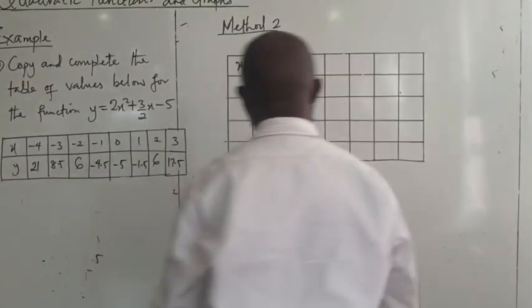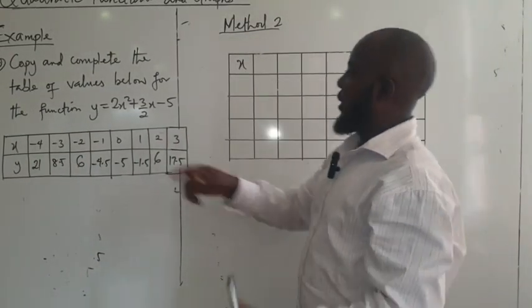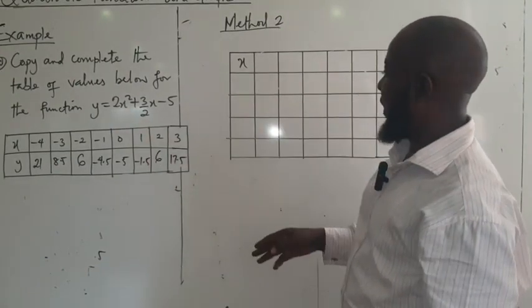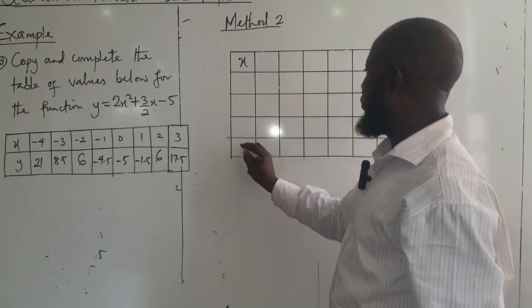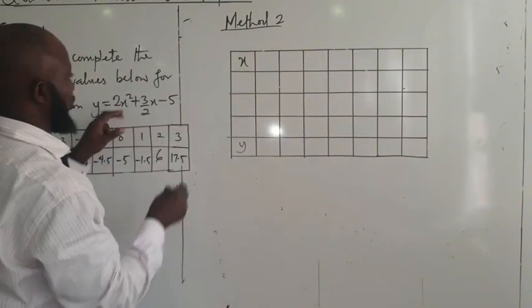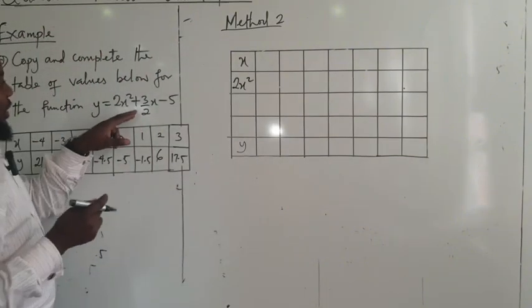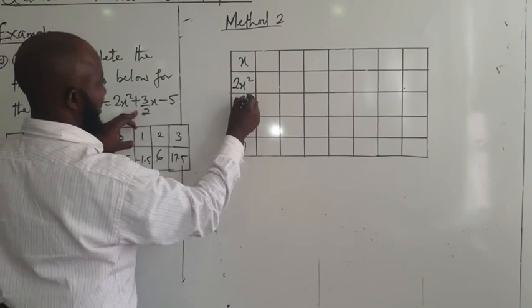This is the second method. The second method is that we use all the terms we have in this function to form a table like this. The last column here will be the value we are looking at, which is y. The first thing we have is 2x squared. The next one is plus 3 over 2x, right?